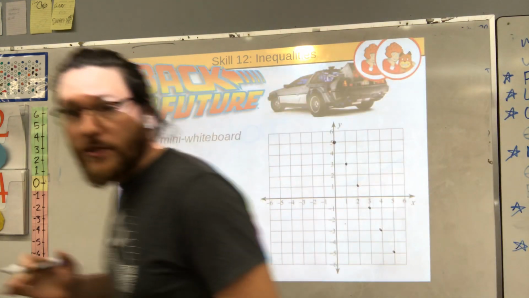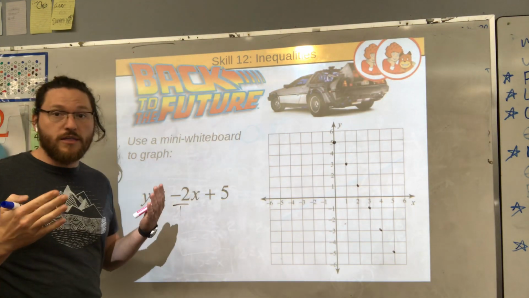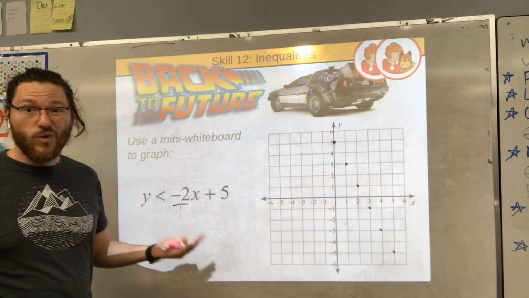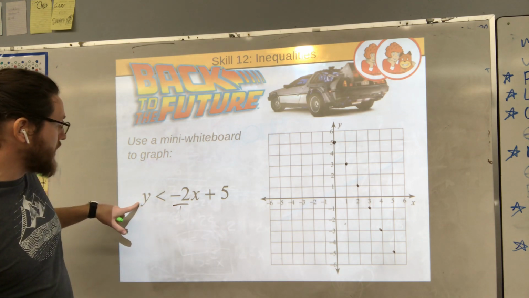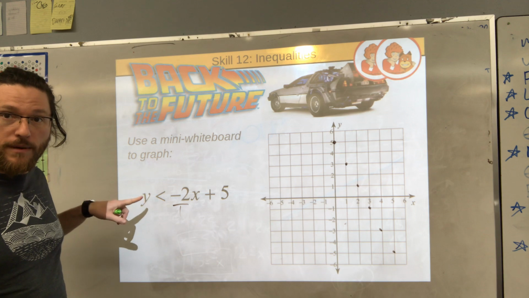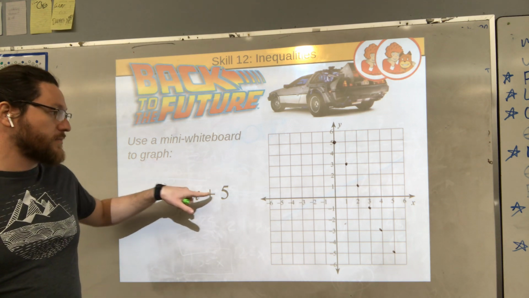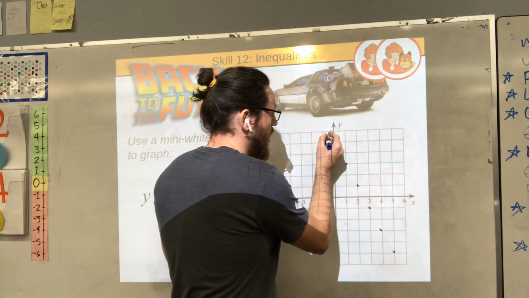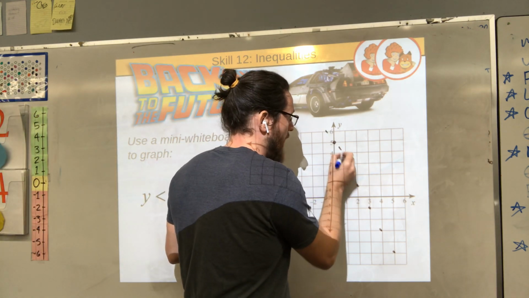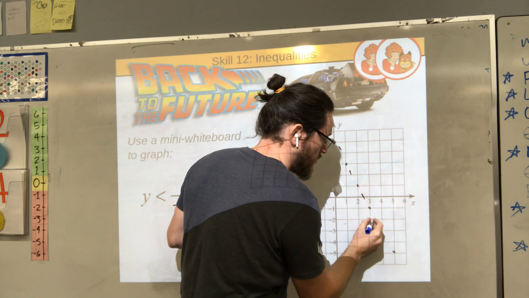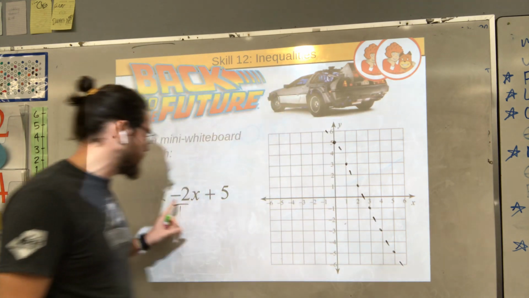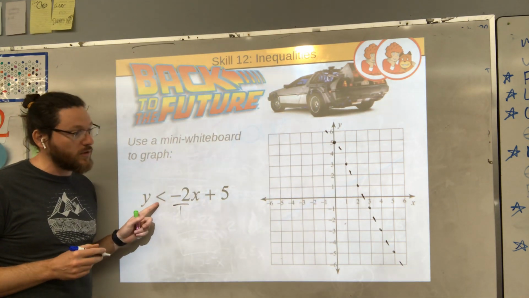The inequality, though, means that there isn't just the answers on the line. We have all the answers on one side of the line, okay? And this equation here, when I read it to myself, hopefully you remember all this, y is less than negative 2x minus 5. And that means that all of the numbers on the line are not part of our solution set because we only want the ones that are less than, right? That's what we read when we read this sentence to ourselves.